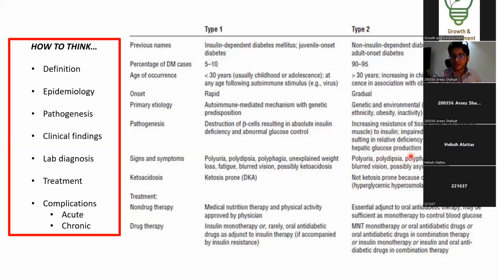So polyuria, polydipsia, polyphagia, fatigue, blurred vision. You can see the clinical presentation of type 1 and type 2 is largely the same. So how do you distinguish them clinically? If a guy presents to you with polyuria, polydipsia, fatigue, blurred vision, and you diagnose him with HbA1c and other lab tests, how do you know it's type 1 or type 2?